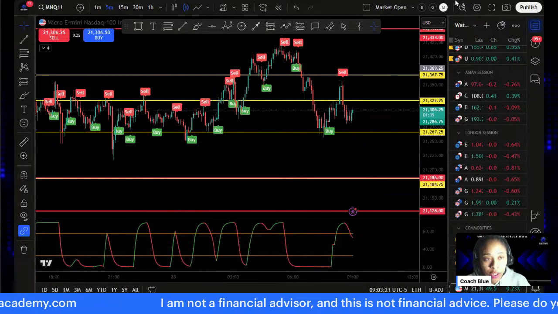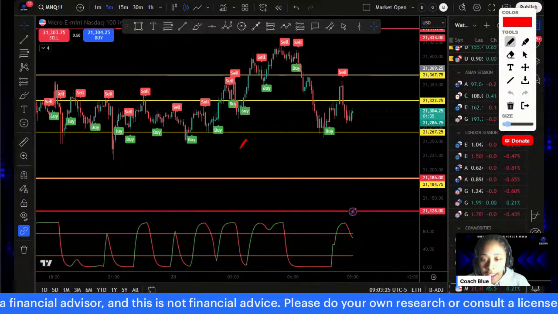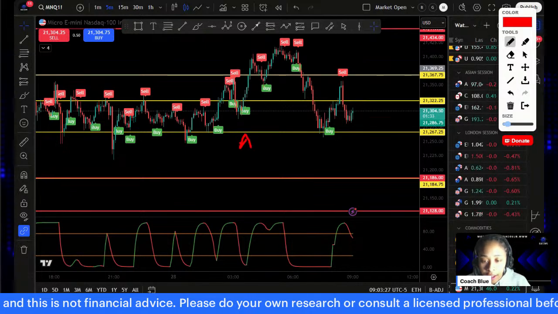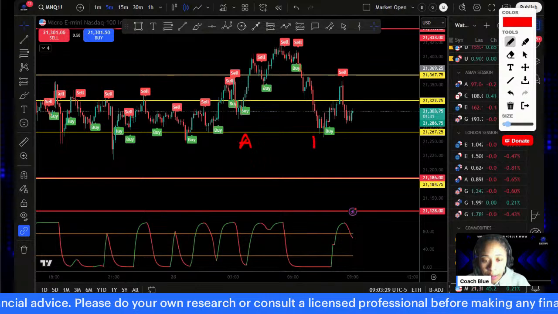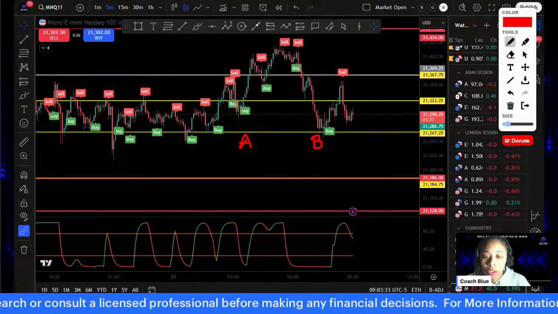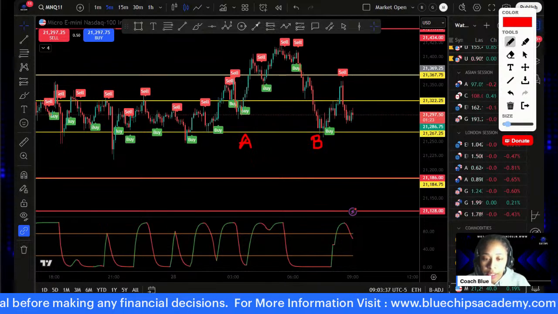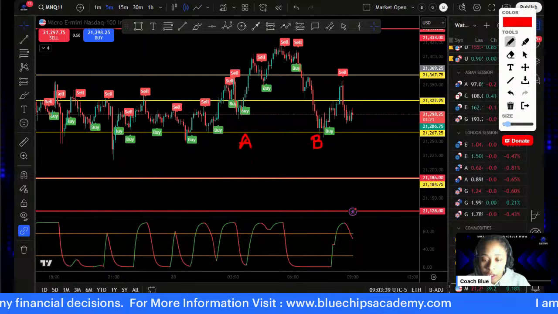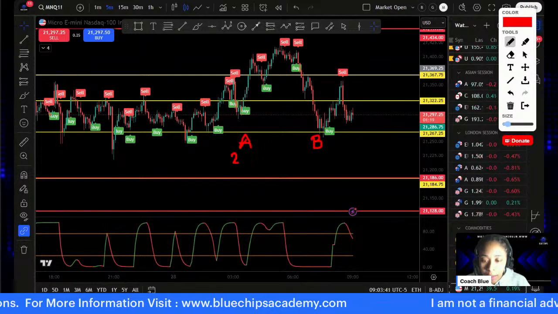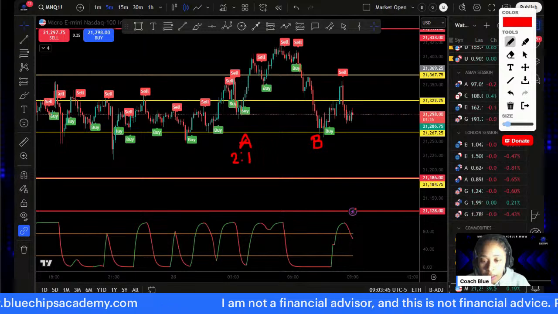So let's go take a look at the chart and see what I mean. We'll have trader A here, and then trader B. Let's say trader A is risking a 2-to-1 ratio, meaning they're trying to gain twice as much as they're willing to risk.